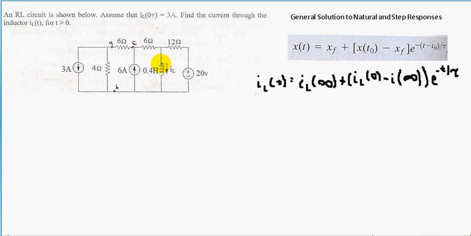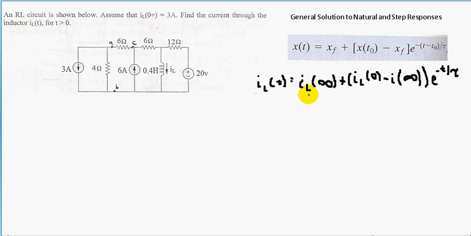Now remember the steps: when we're using the general solution to natural and step responses, we want to find currents through inductors and voltages across capacitors. In this case, since this is an RL circuit, we want to find the current through the inductor. So our x(t) here will be current, in terms of amps.